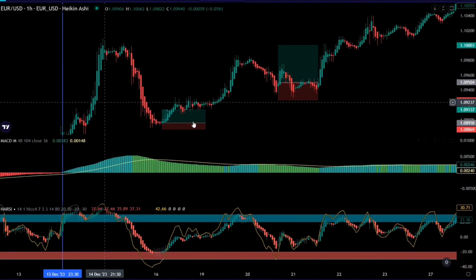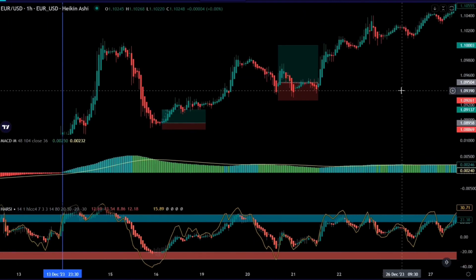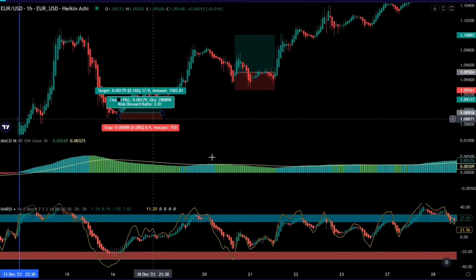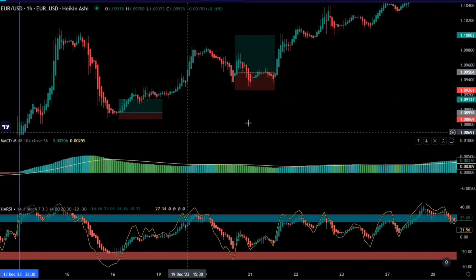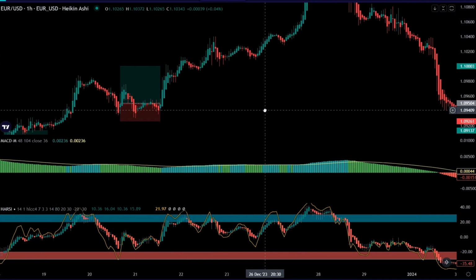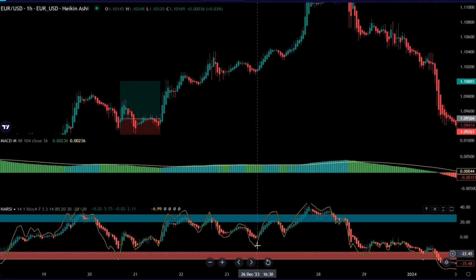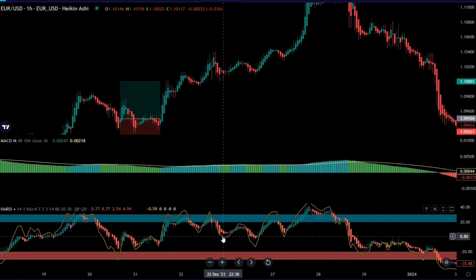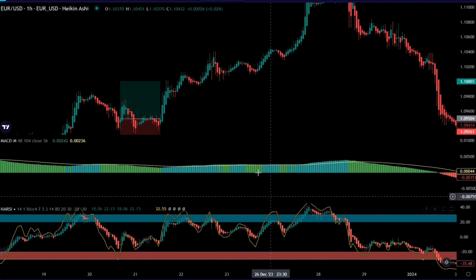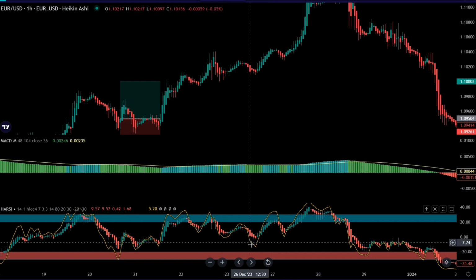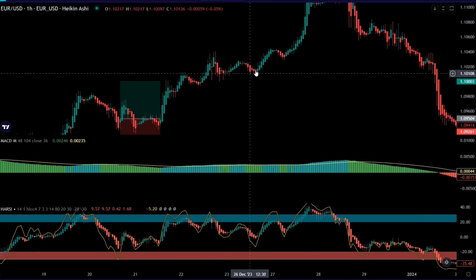I have two signals here and here, 2%, 2%, 4% in a day. For example, here you can find another thing, for example divergence between this low and this higher low.